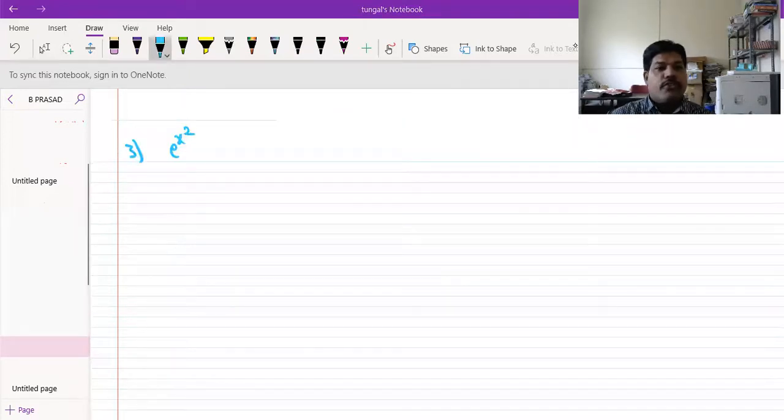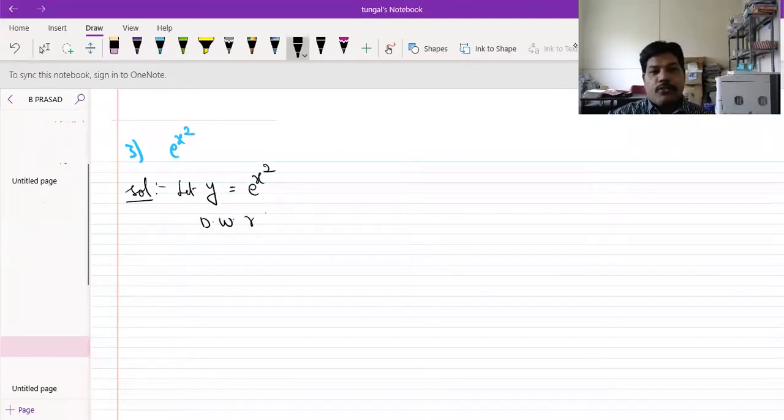See the next question, students. e power x square. So how can you solve this question? Just an easy question. Let y is equal to e power x square. Differentiate with respect to x.